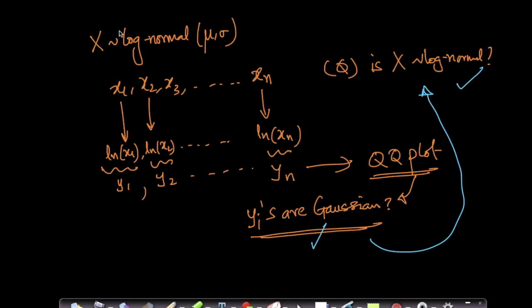Log normal, by the way, occurs a lot in nature, and it's extremely easy to test whether a distribution is log normal or not by just taking the logarithm of the observations from the distribution that you have. You compute the log, and you use your QQ plot to very easily test whether your yi's are Gaussian. And if your yi's, which are nothing but log of xi's, are Gaussian, then your x is log normal by definition.